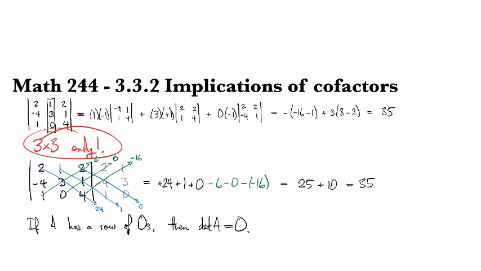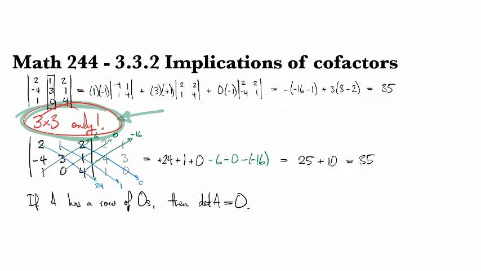You can see that by cofactor expansion down a particular row, or by noticing that, at least in the 3 by 3 case, if you do this zip, zip, zip, zap, zap, zap method with the diagonals, you're going to pick up a 0 in each case. However, I should emphasize again that this shortcut is only for 3 by 3 matrices. Don't ever try it for a 4 by 4 or bigger. It will not work.